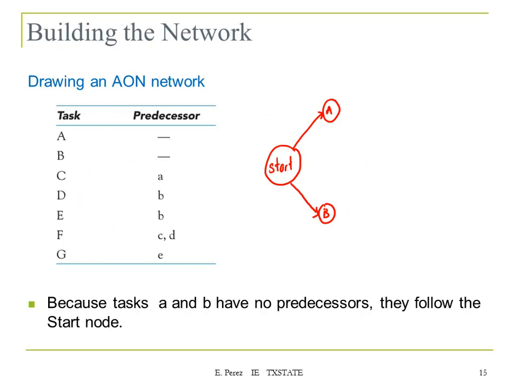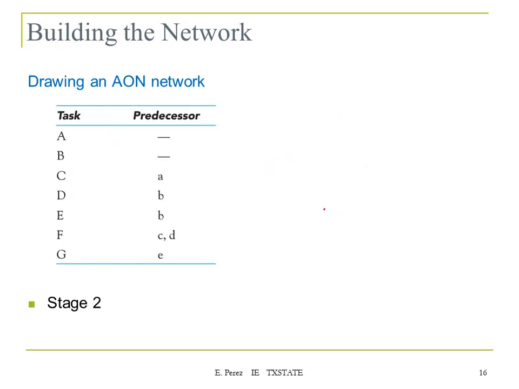Okay, so that's the first part. Now we know that C has A as a predecessor, so you're going to have C connected to A, and D is going to be connected to B. So that's what we're going to do on the next slide. So this is stage number 2.